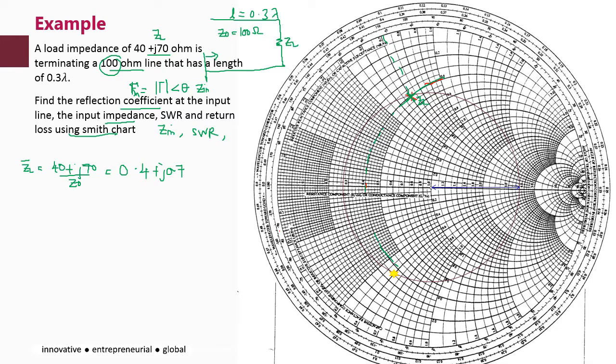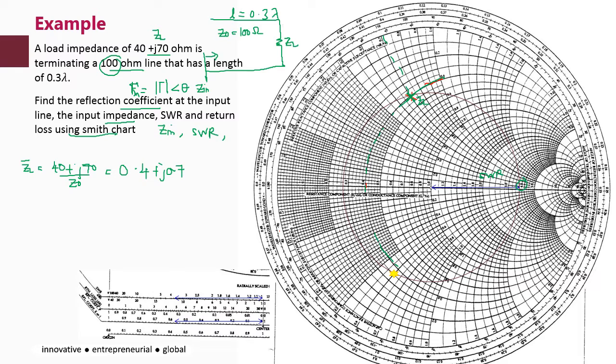You can read the SWR as about 4, or if you cannot see the scale, you can bring the value down towards the SWR scale. It is not exactly at 4, it is at 3.8. So your SWR equals 3.8.